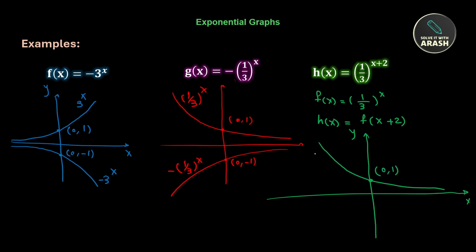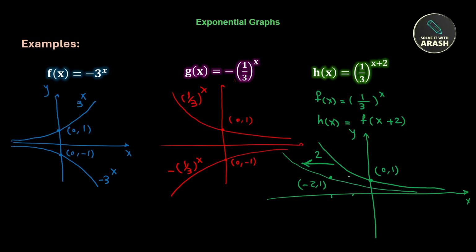Now it's shifted 2 units to the left, so we need to shift the entire graph 2 units to the left. Okay, that means this point of 0 and 1 is now going to be at -2 and 1. So this is -2 and 1, and then continue drawing the rest of the graph, which looks like this.